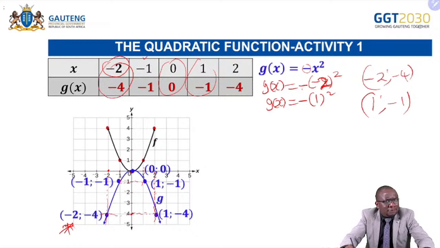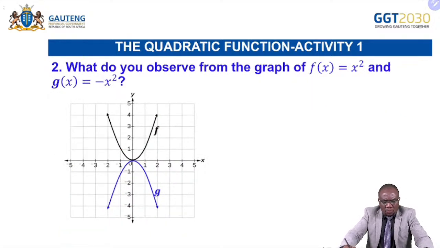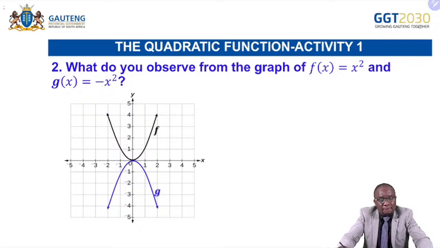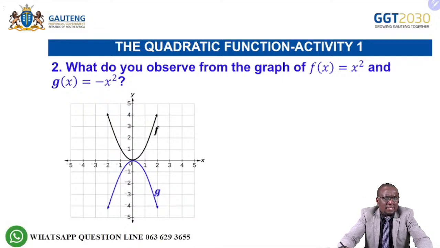Can you see the effect of a here? When a is positive, what type of parabola do you get? When a is negative, what type of parabola do you see? Okay, right. Now, what you observe from the graph of f of x is equal to x squared and g of x is equal to -x squared, what do you observe? Please discuss for 1 minute.